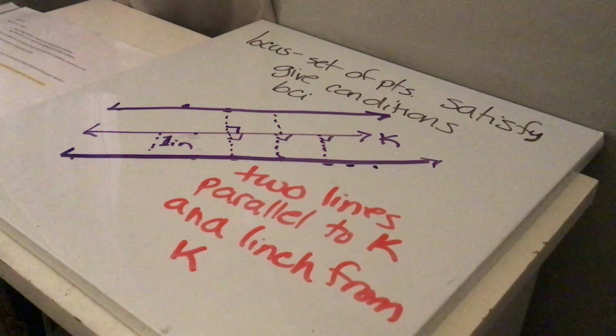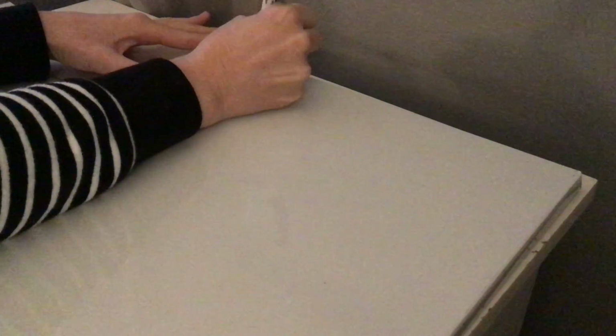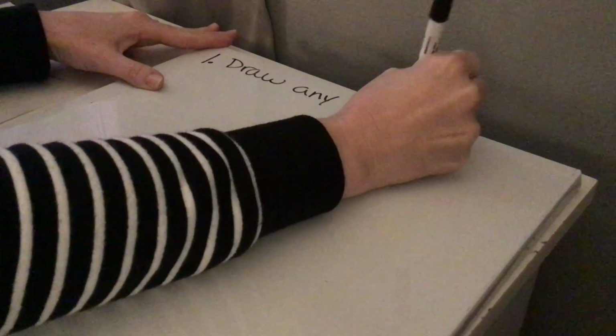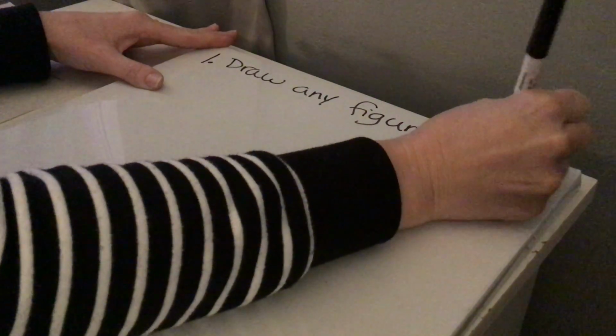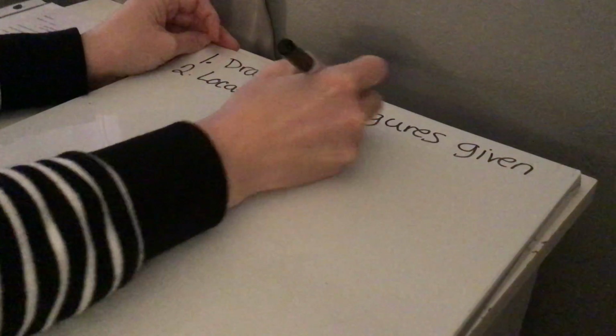So how do we go about finding a locus? To do that, what you first start with is you're going to draw any figures that are in the given statement. Just like a proof, start with what's given to you. Then you're going to start locating several points that satisfy the given condition.